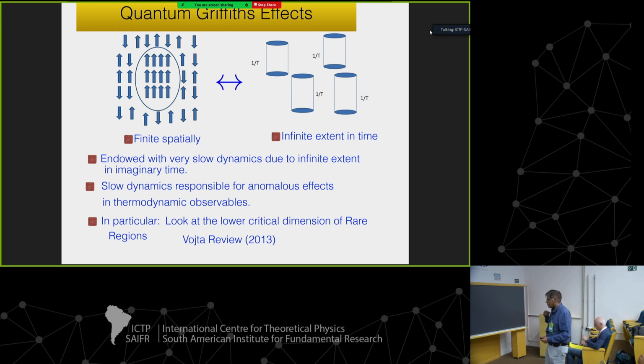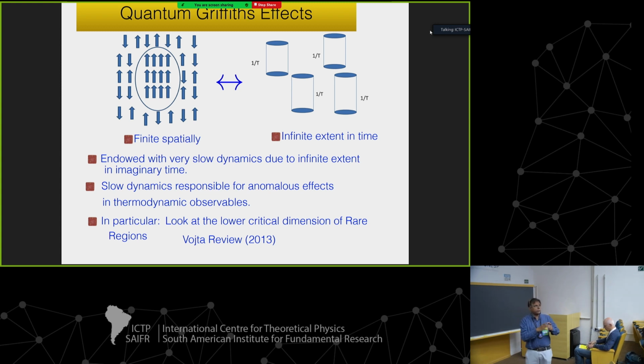So let's go back and try to figure this out in a bit more detail. These rare regions have a finite extent in space, right? But due to the fact that you are in a quantum phase transition, they have effectively an infinite range, or infinite dimensionality, as you go to t equal to 0. So think of infinitely long rods that have some dynamics.